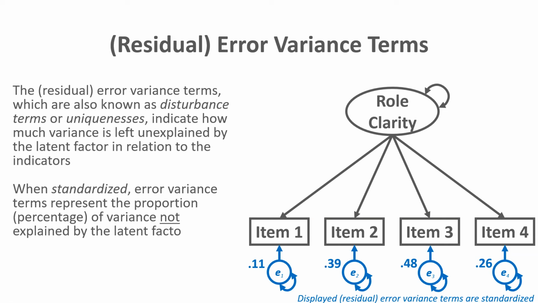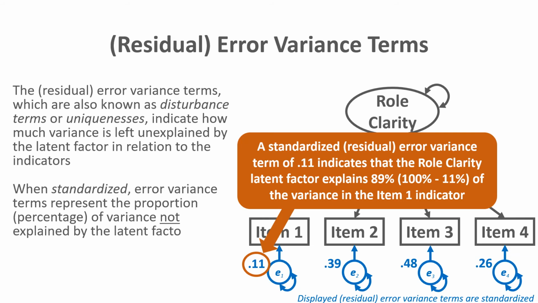So when standardized, and these are standardized to remind you, these error variance terms represent the proportion of variance not explained by the latent factor. Okay, and if we multiply a proportion by 100, we get a percentage. So let's practice interpreting one of these.